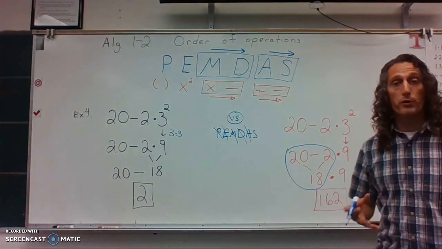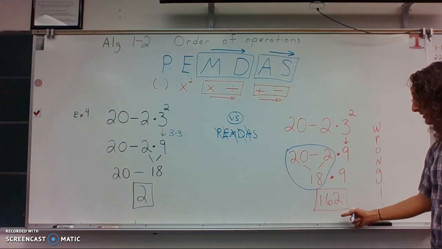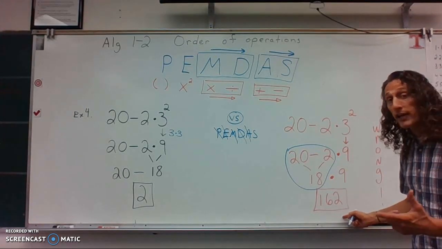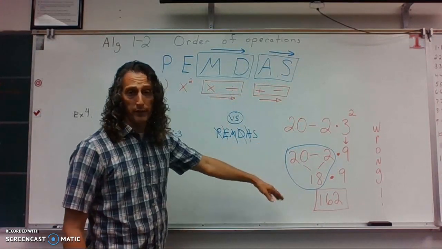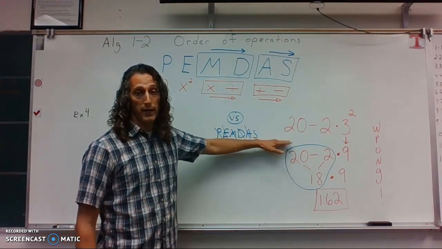The hard part with order of operations is this makes sense. 18 times 9 is 162. You would never really know on a test that this was the wrong answer, because it's nothing weird. It looks like it works out. But they did not go in order.